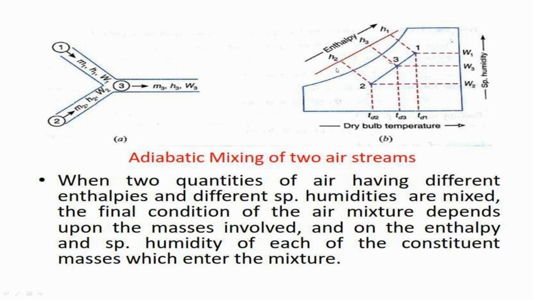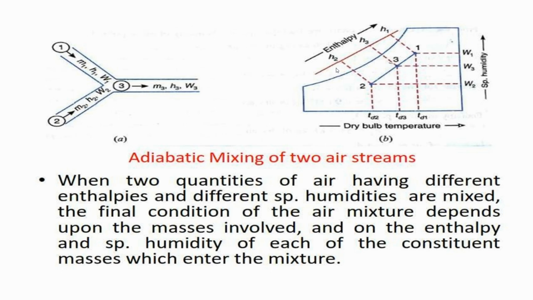When two quantities of air having different enthalpies and different specific humidities are mixed, the final condition of air depends upon the masses involved and the enthalpy and specific humidity of each of the constituent masses which enter the mixture. So what is the meaning of this?